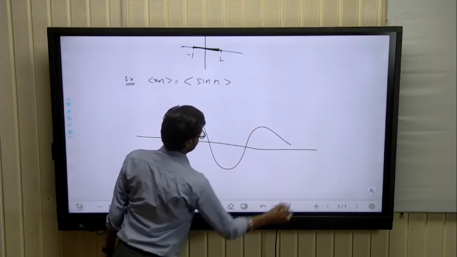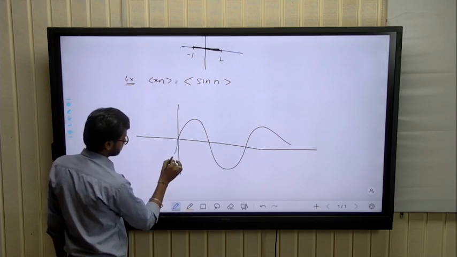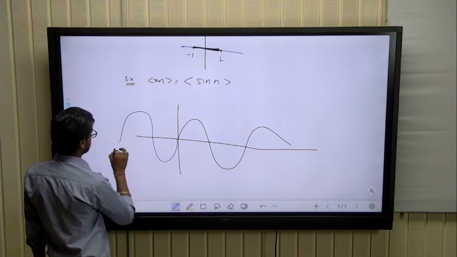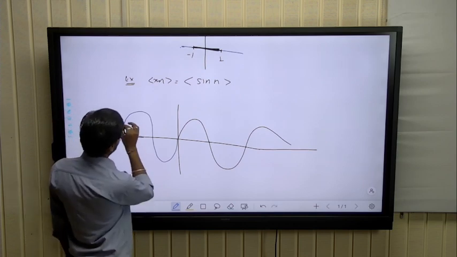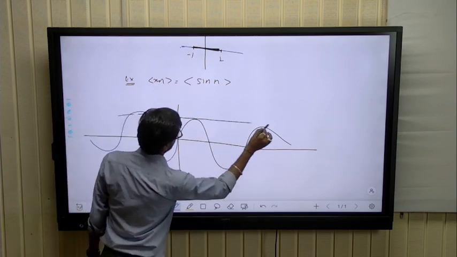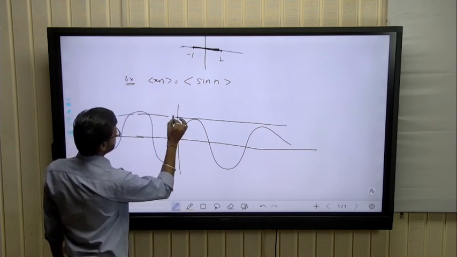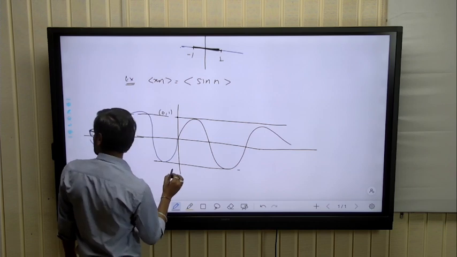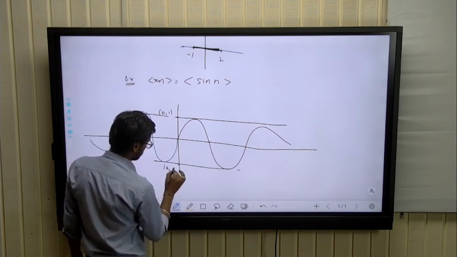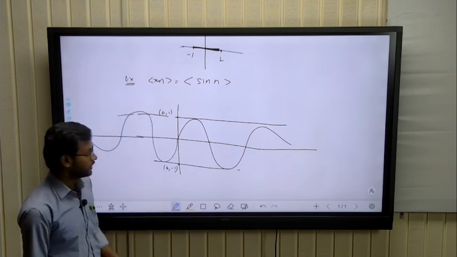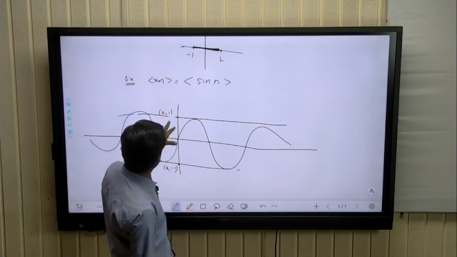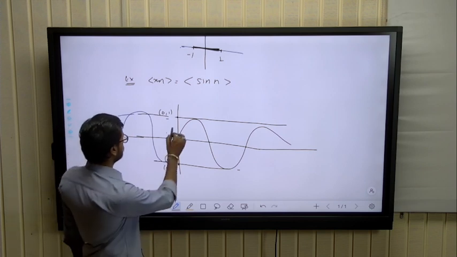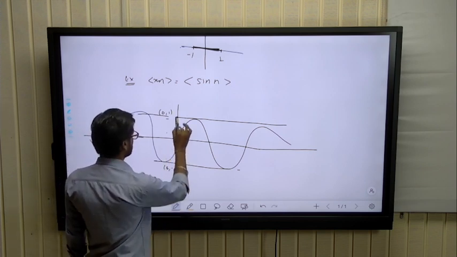Like this. So here the highest value is 1, the lowest value is 0 comma minus 1. Now we see that the highest value is 1 and the lowest value is minus 1. All values of sin x lie between minus 1 and 1.